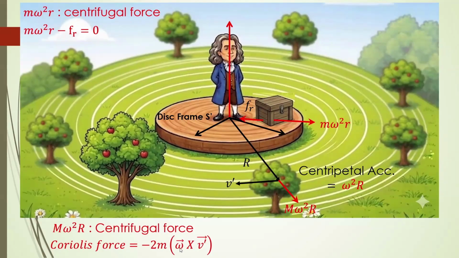Sir, can I say something? The relative velocity between the disk and the tree. Relative velocity of the tree with respect to the disk can be taken as 2 omega. Not 2 omega, ma'am, not 2 omega. This is a standard formula. Just understand what is written here.